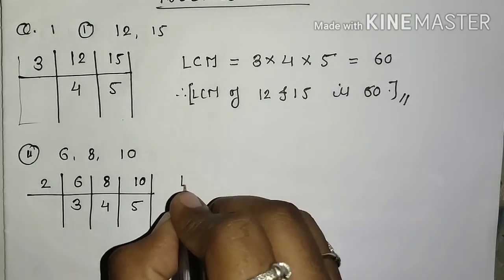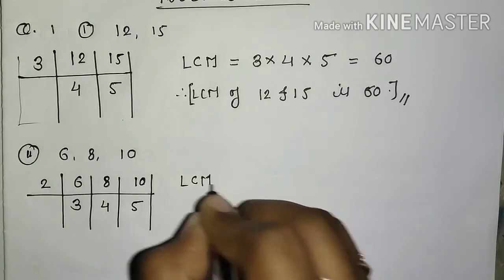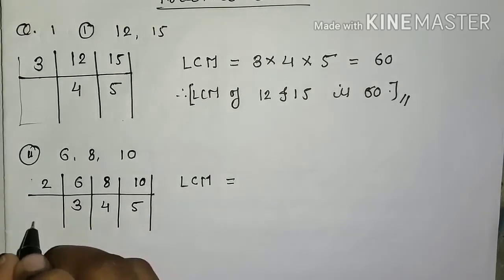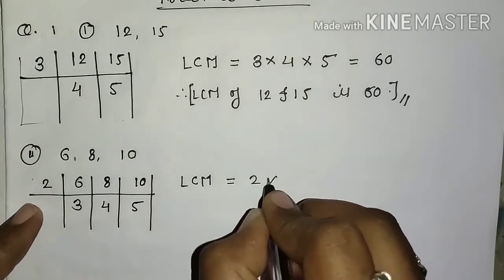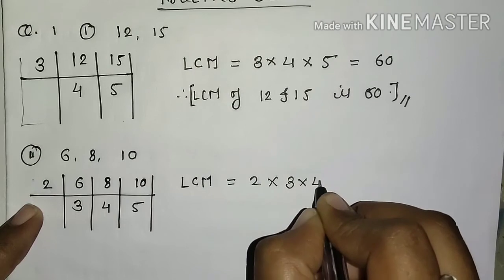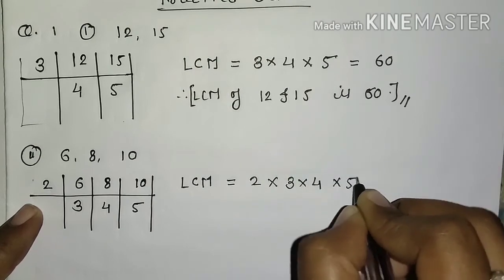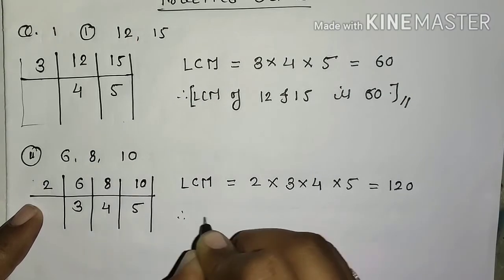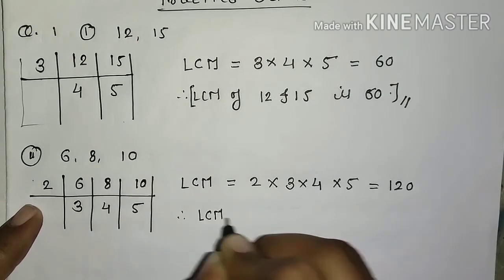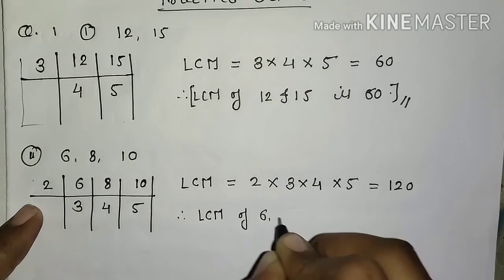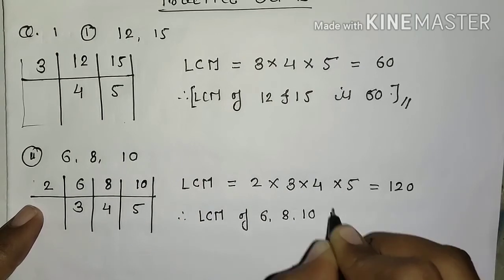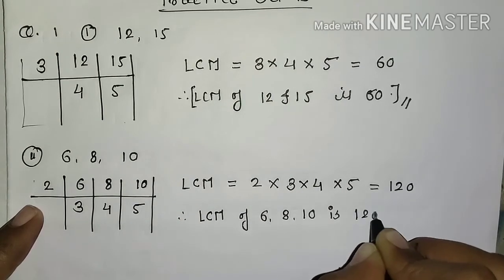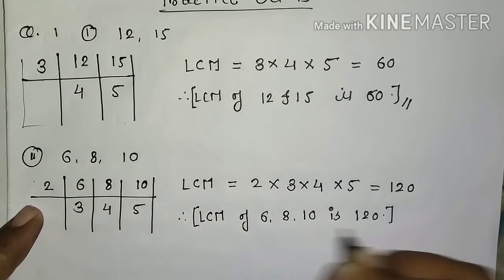So the process is going to stop. LCM will be the multiplication of all these numbers. 2 multiplied by 3 multiplied by 4 multiplied by 5, which is equal to 120. Hence, write down the final answer. LCM of 6, 8 and 10 is 120.